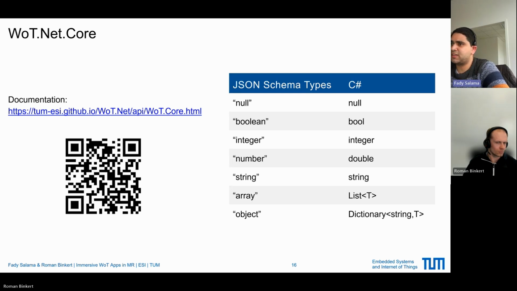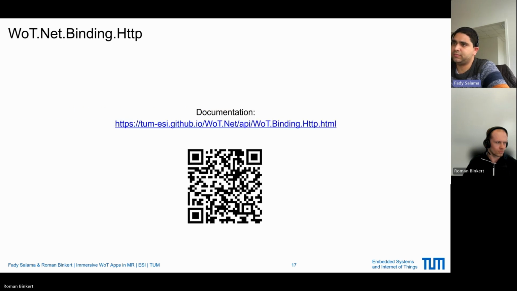And of course, there are other interfaces. If you go to the actual links, you will find the full description of all the interfaces that we described. In the WoT.NET binding, we are basically implementing the interfaces. It's similar to the interfaces defined in node-wot. For example, the HTTP client and the client factory, which is basically building the clients.